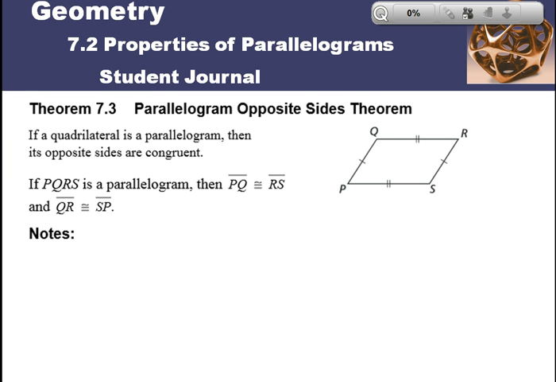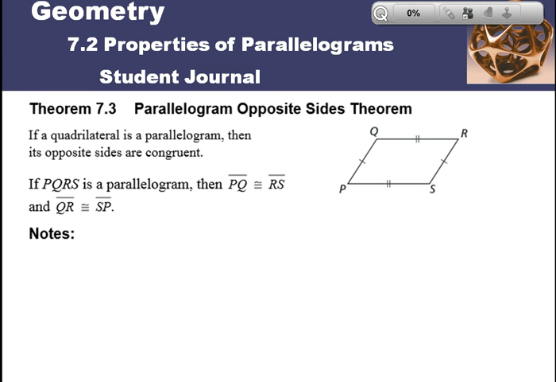So the first one is this theorem 7-3. And in 7-3, it says the parallelogram opposite sides theorem. So that says if a quadrilateral is a parallelogram, then its opposite sides are congruent. And it has these little markings here.